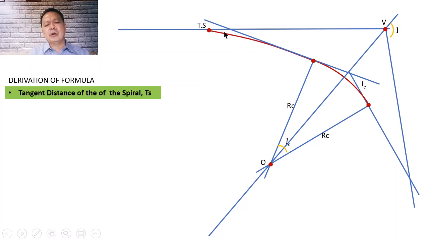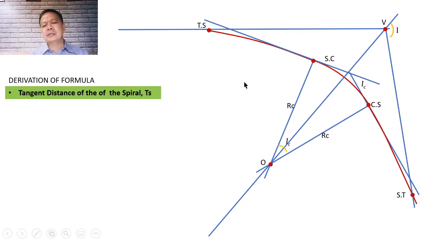Then we can now draw our simple curvature that will be running smooth in that direction, which is also tangent to the tangent line at SC. And then on the opposite side, we can draw a curvature that will also be tangent to the spiral. So that this point will be called as ST, the spiral to tangent.